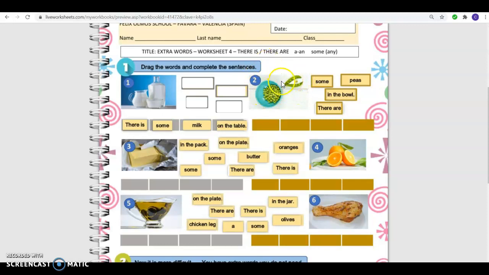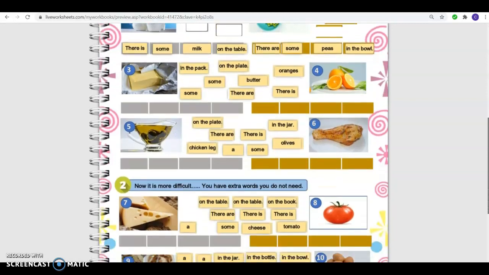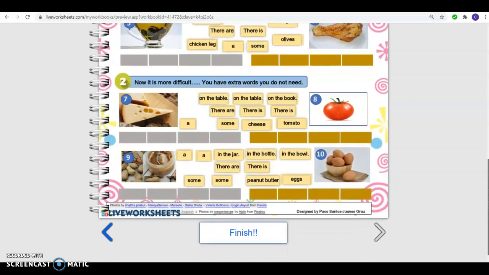Peas, arvejas, right? And we have, there are some peas in the bowl. Okay, and you continue putting it in order, right?